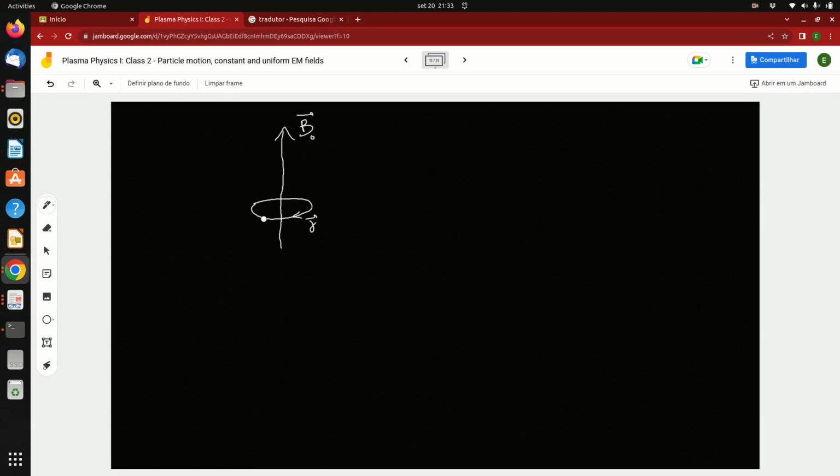I'm drawing this supposing that the parallel velocity is 0. Suppose the initial parallel velocity is 0, then we have just the circular motion. If we had some parallel velocity, then it would be a helix. But now it's just a circular motion. We would have the induced field all throughout this ring, right?